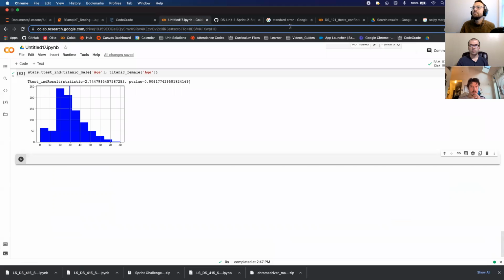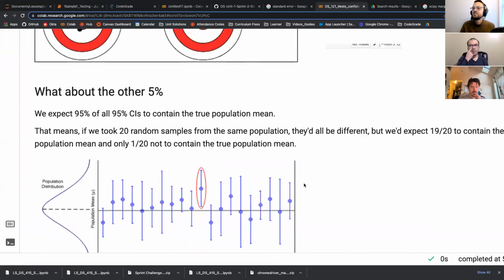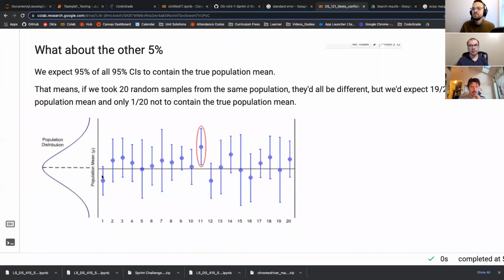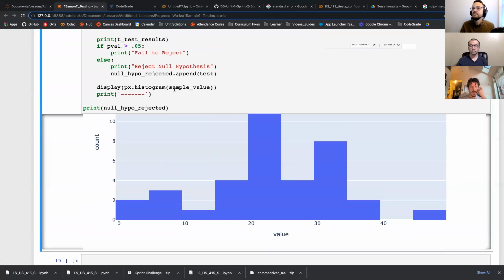And that lines up with how we talk about these 20 tests, because we took 20 samples. For all of those samples, the population mean was indeed part of that sample area, but not 1. So we got 1 in 20 as a mistake.